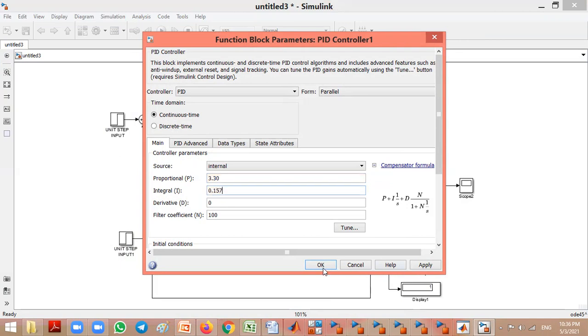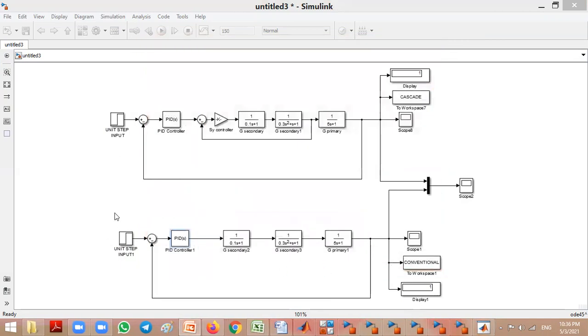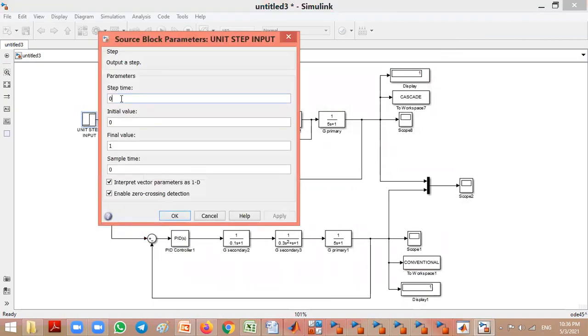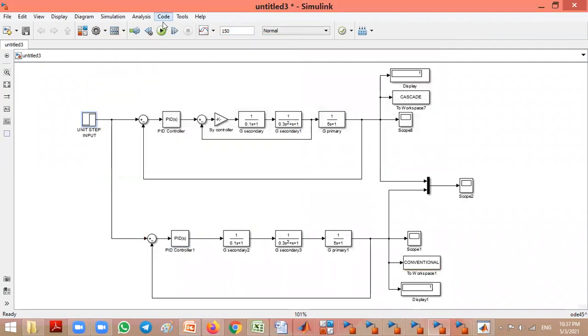Okay, so for both you give the same set point. You can give two separate set points, but you have to give the same value. Okay, so step time should be 0, initial value should be 0, final value I'm giving a set point of 15. Okay, right, now you run it.